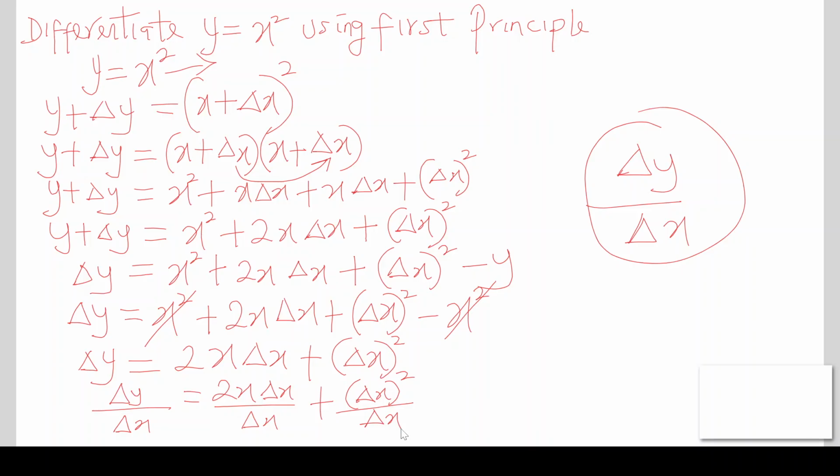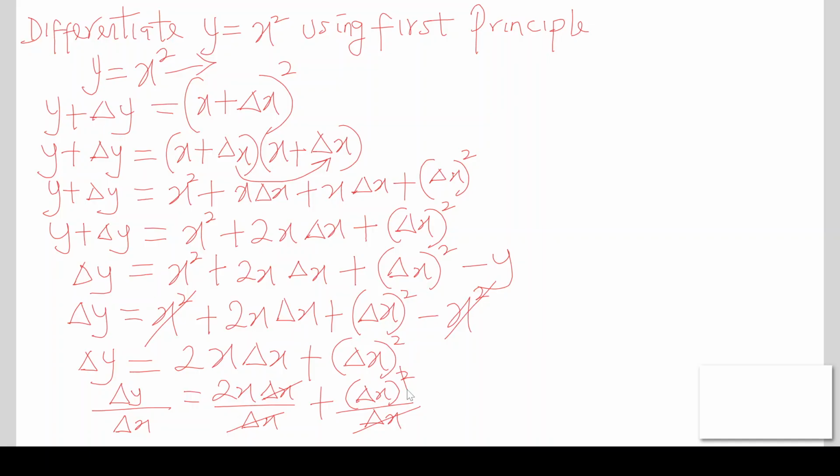So of course, it's easy to see that delta x and delta x gives 1 here. And of course, we have delta x all squared, that is delta x times delta x from here. So then we have only delta x here. That means delta x is going to cancel one of the delta x squared that we have here.